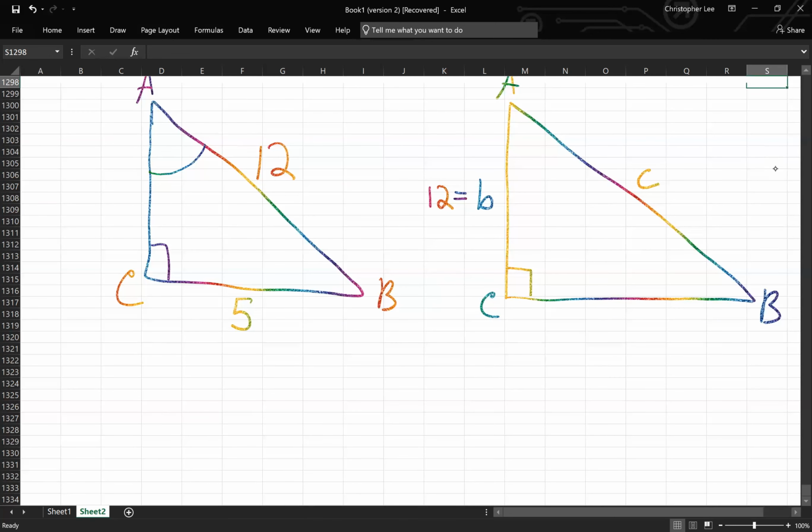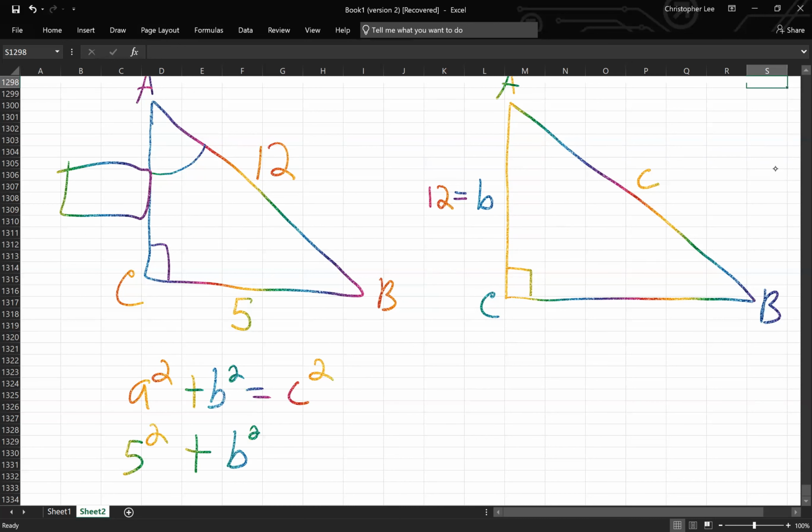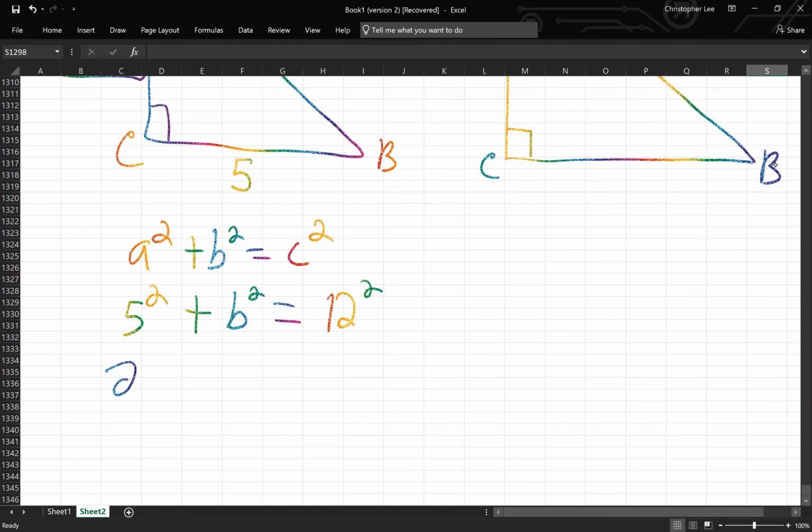Tell me something. How do I get this leg right here? What formula? A squared plus B squared equals C squared. So 5 squared plus B squared equals 12 squared, and we just do the math. 25 plus B squared is equal to 144.